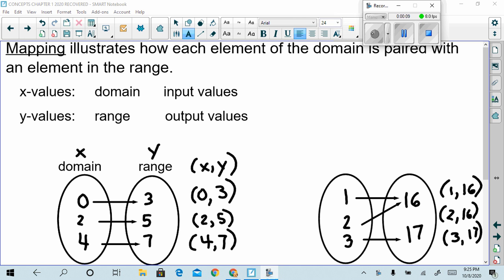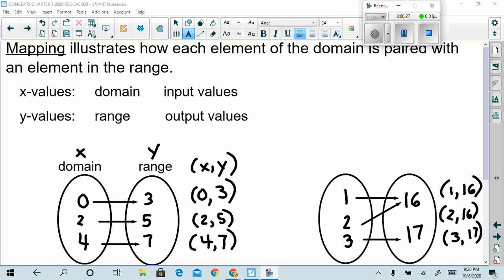Continuing our lesson on relations, I want to explore mapping just a little bit more. I mentioned that mapping is a way to show how elements from the domain are paired with elements in the range, and I used some terms interchangeably.